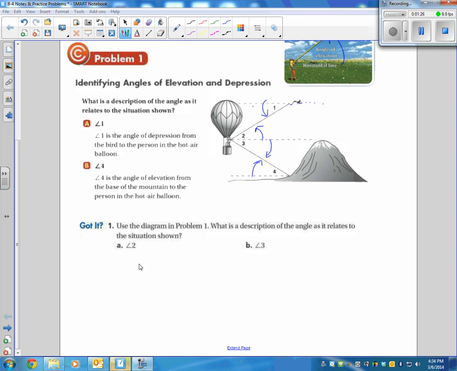Okay, so angle 2 is actually going to be an angle of elevation. And if we look at angle 3, that would actually be our angle of depression.